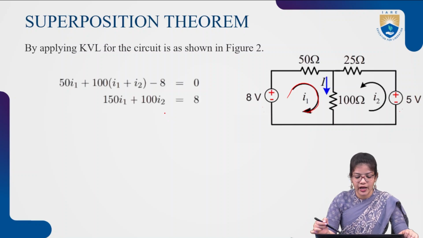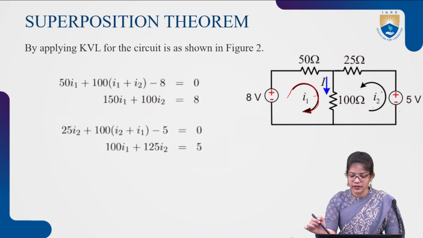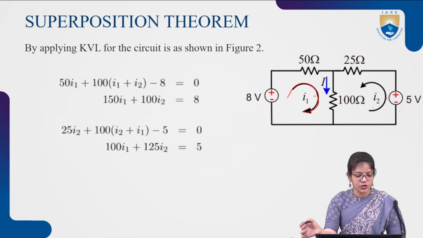50 I1 plus 100 (I1 plus I2) minus 8. The source becomes negative as we are considering the clockwise direction. Solving this, we get 150 I1 plus 100 I2 equals 8. The same for the second mesh, also in the clockwise direction.